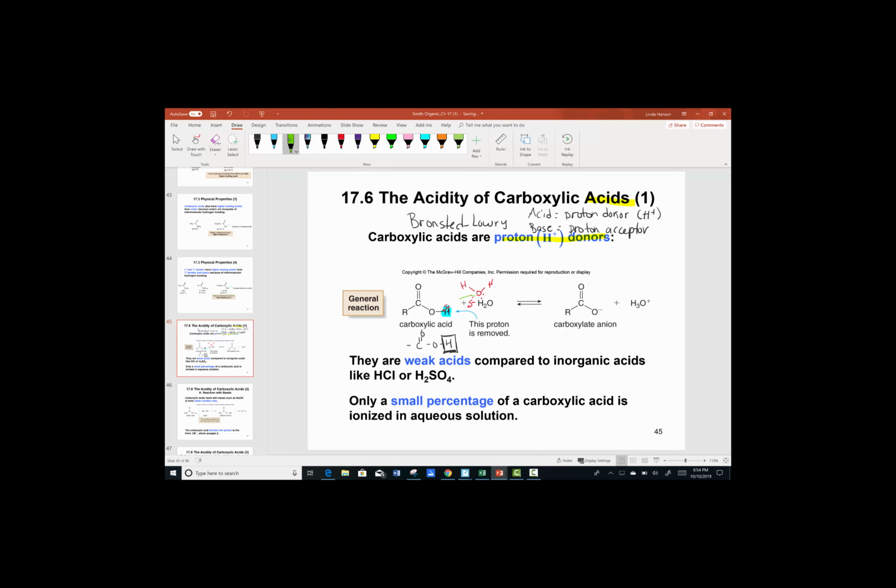The oxygen reaches out for that proton and takes it from the carboxylic acid. We form on the product side after the proton transfer, and let me just remind us that that's what acid-base chemistry is all about, a proton transfer from the acid to the base.